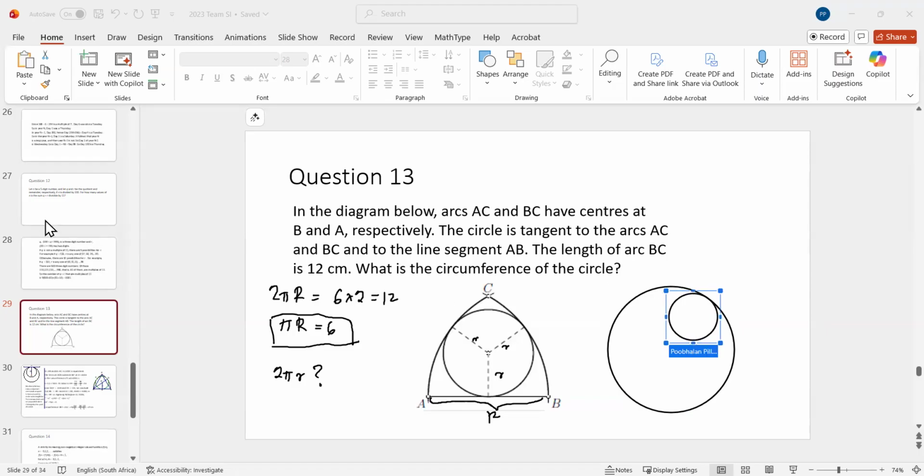Right, there we go. Now, the interesting thing about this is that there are 3 important points in this figure. The 3 points are the center of the large circle, the center of the small circle, and the point of contact.